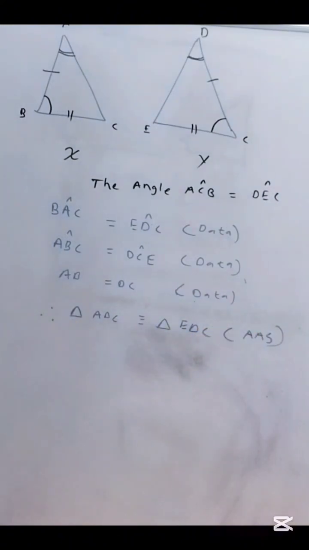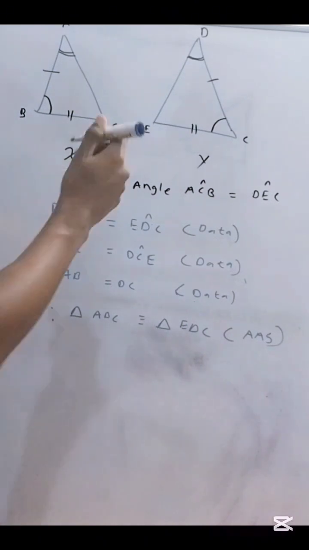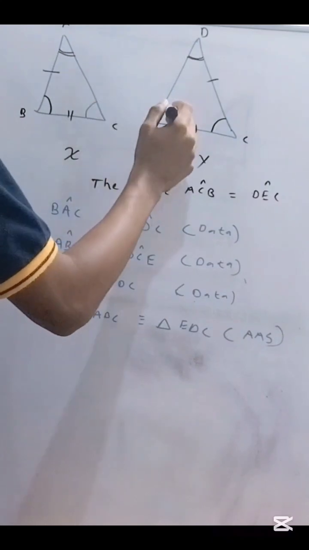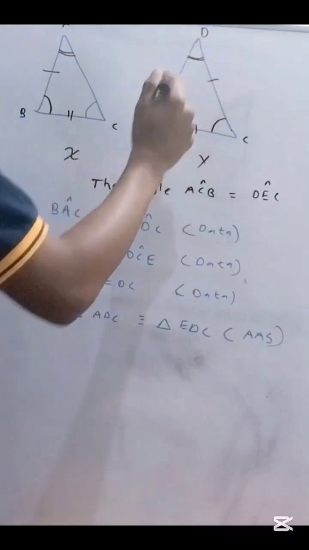If we proved that these both are congruent, there's another theorem, which is that the remaining terms of congruent triangles are equal. Therefore, the angle ACB will be equal to the angle DEC.